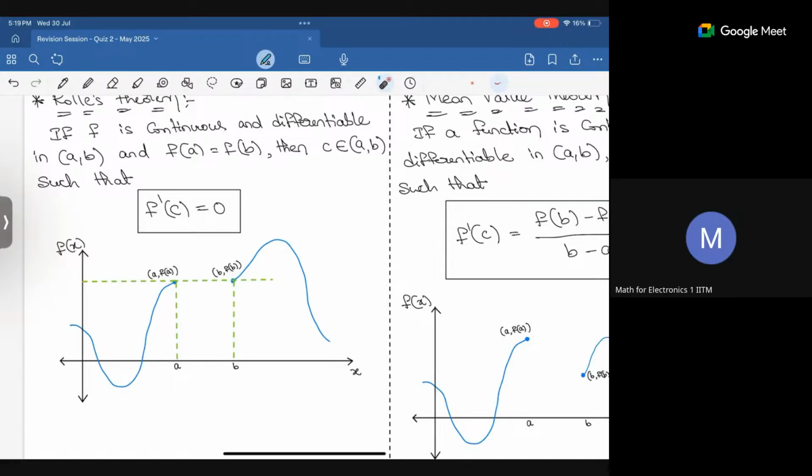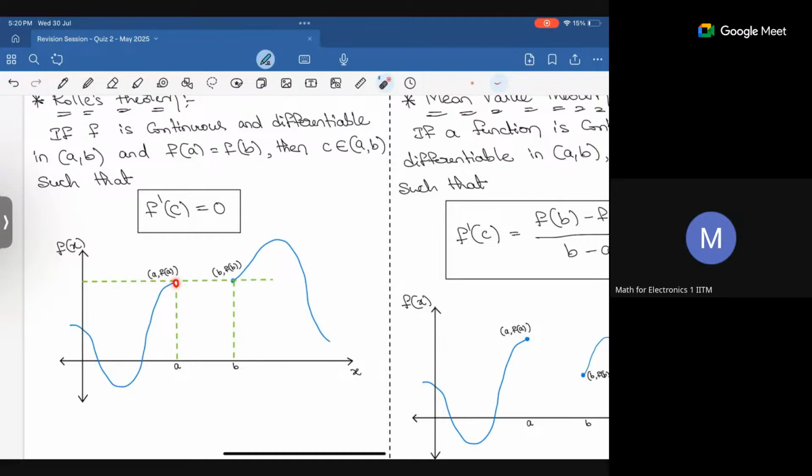Once we know that it is continuous and differentiable, it can be like this, it can be like this, it can be like this. In whichever way you connect these two points smoothly, because differentiability is also there, so they should be smooth, you can clearly see that there will always be a point where you change direction.